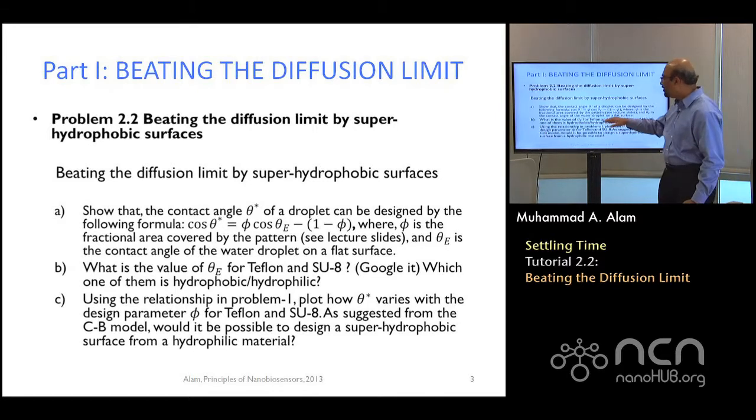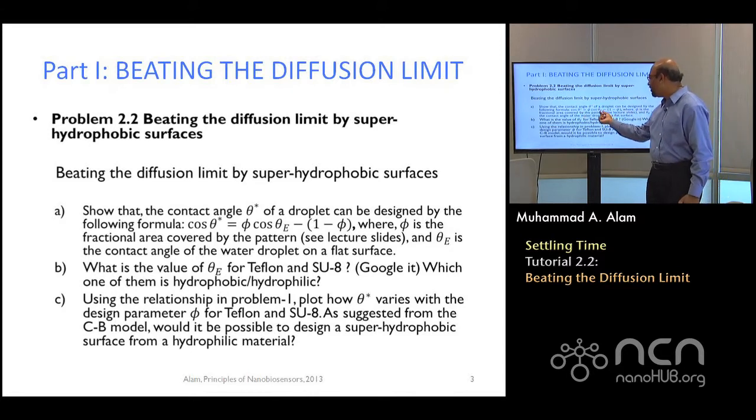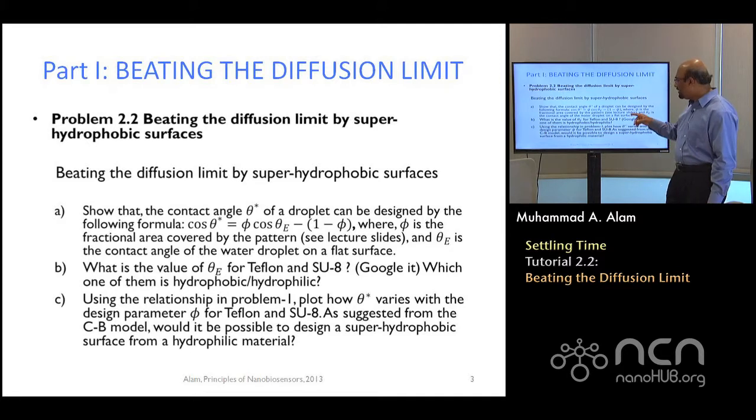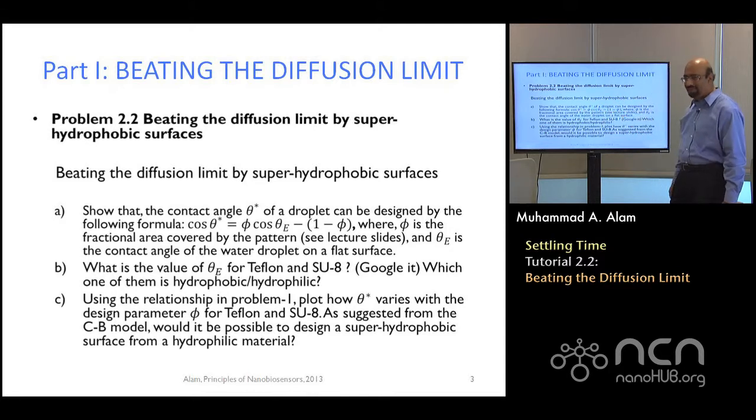So I asked you to calculate a formula, and the formula only had the periodicity of the corrugation and the original contact angle. And the surprise was, and that's the reason I wanted to tell you about it, that there was no surface tension term in the whole equation. That's surprising. I mean, I have the corrugation.